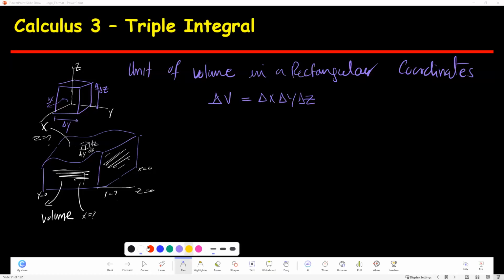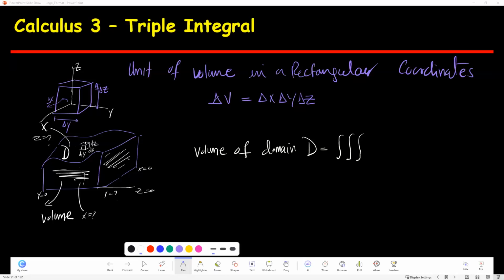If I want to write this in the form of triple integral, I'm going to write the volume of domain D. Here the D is this solid, right? That's my domain D. Now I'm going to use triple integral as a finder of this volume.